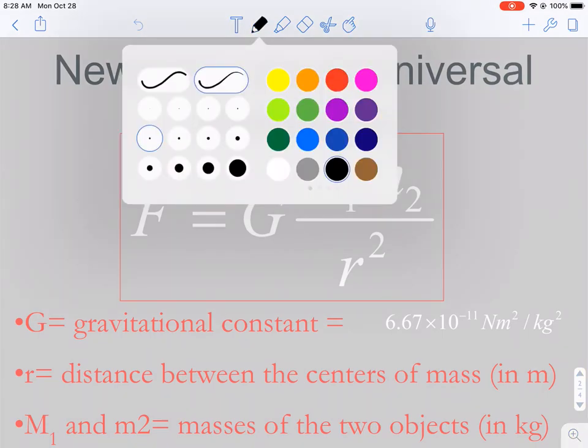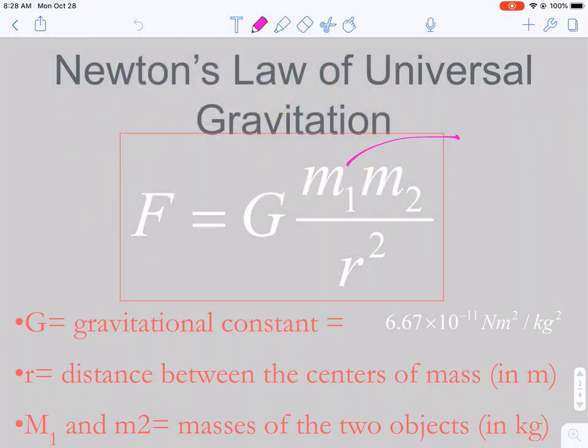So, as a reminder from last class, the masses are in kilograms of the two objects. Many times these masses can be a planet.